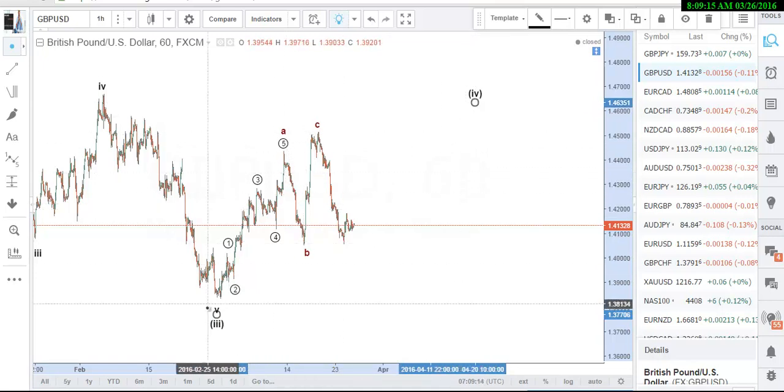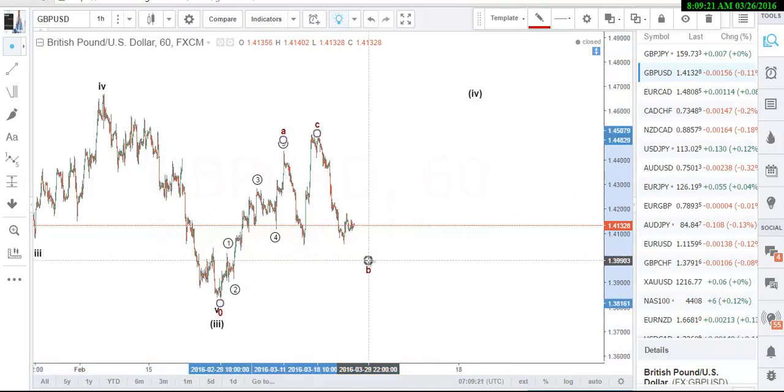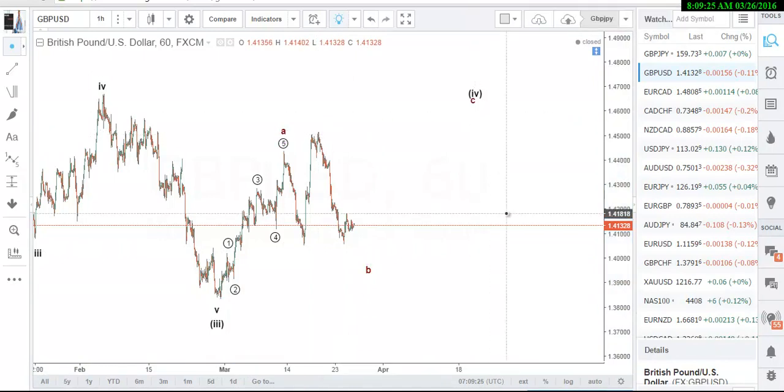The move from here is the first leg of the correction, and the second leg of the correction is what we are expecting to end here, and then the third leg of the correction is going to be around there. So the second leg is actually going to be an expanded flat, an ABC expanded flat, which could end somewhere around here, to break below this level.